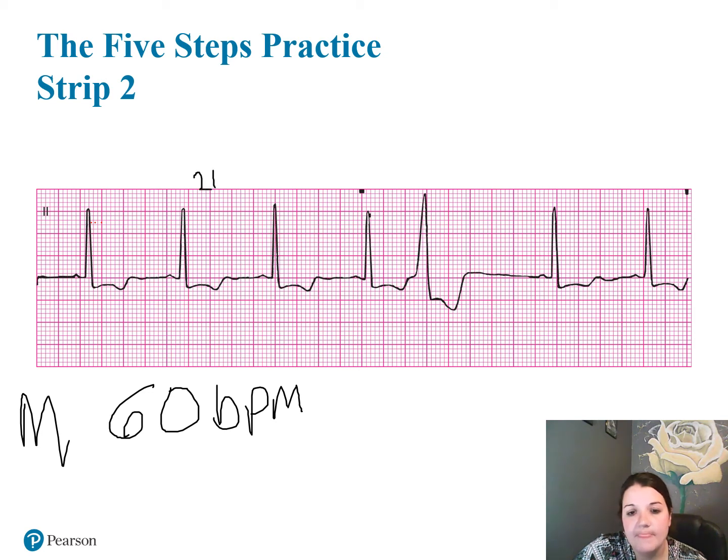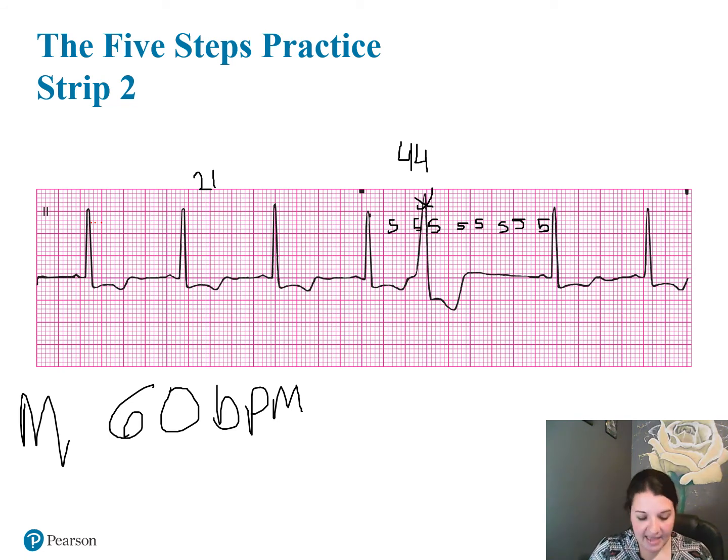And then this one, I'm going to count, I've got 5. And I'm going to remember, we're going to ignore this beat. So 10, 15, 20, 25, 30, 35, 44. So that's the little boxes that I've counted.